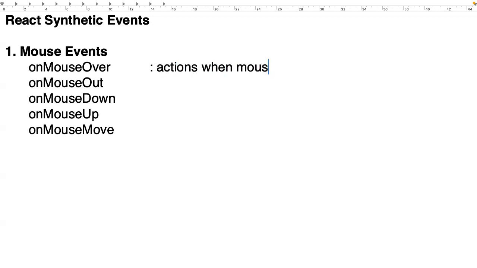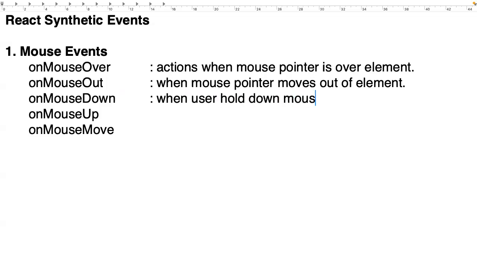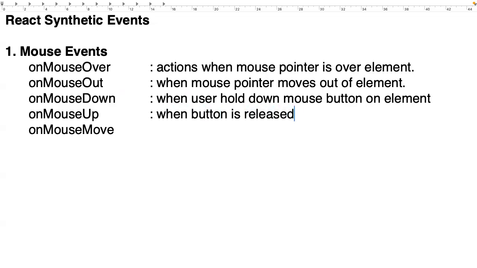Actions when mouse pointer is over element, when mouse pointer moves out of element, when a user holds down mouse button on element, when button is released on element, and move while moving mouse pointer. These are the actions.